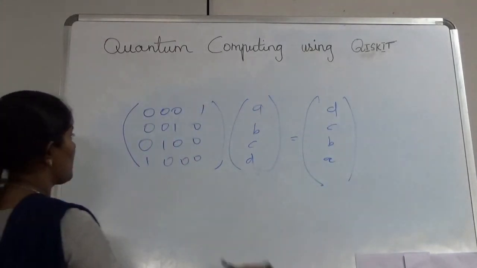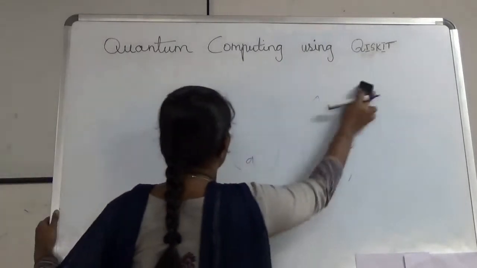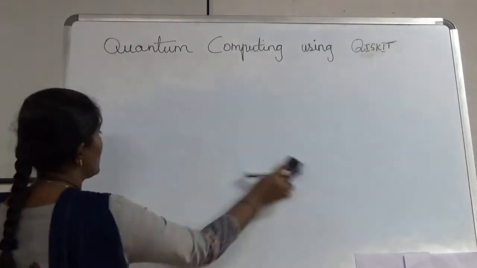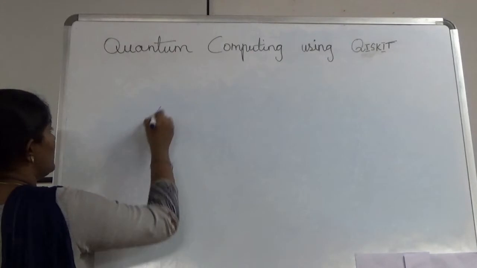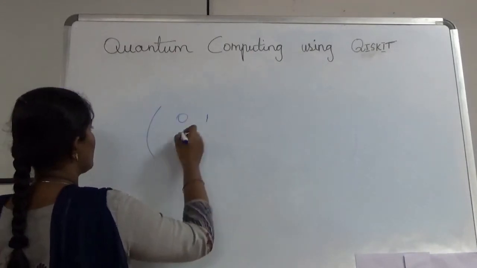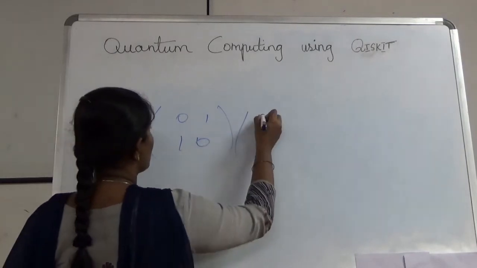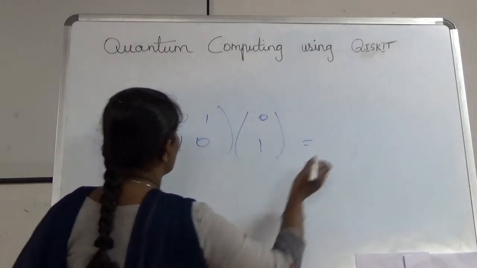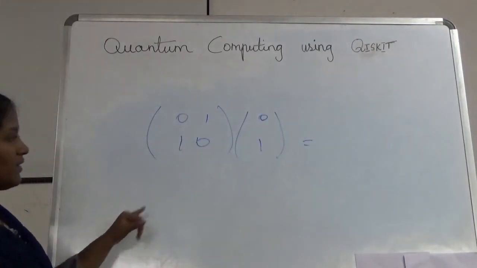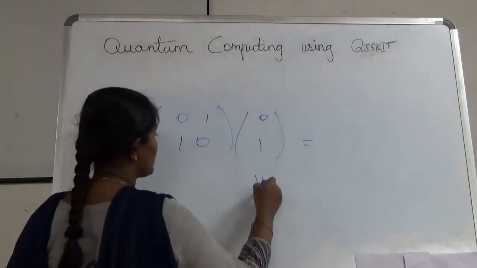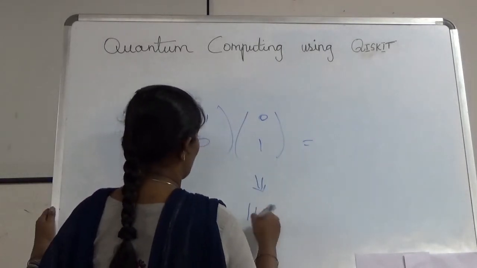For example, here this is the negation matrix and this one is 1.